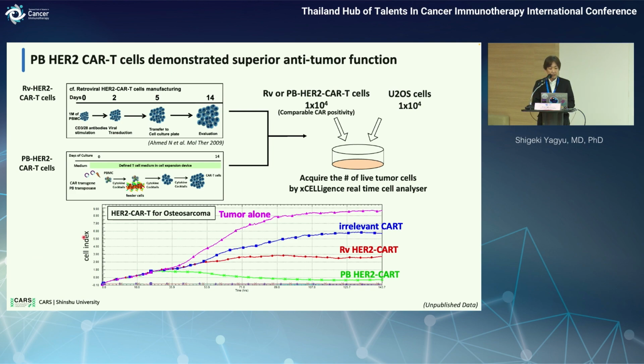Here is the real-time cell analyzer data, and the y-axis shows the tumor growth, as you can see on the magenta line. When CAR T cells were added to the tumor cells, the number of live tumor cells decreased, as you can see here, and notably, the piggyBac HER2 CAR T cells demonstrated more prominent and durable tumor control compared to the retro CAR T cells.